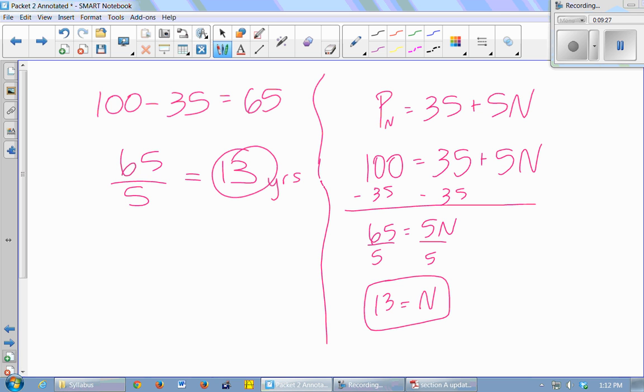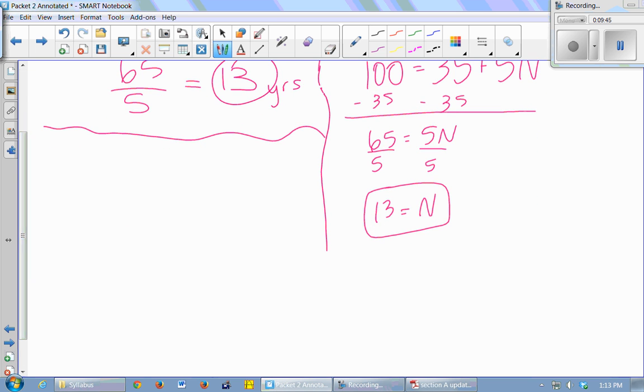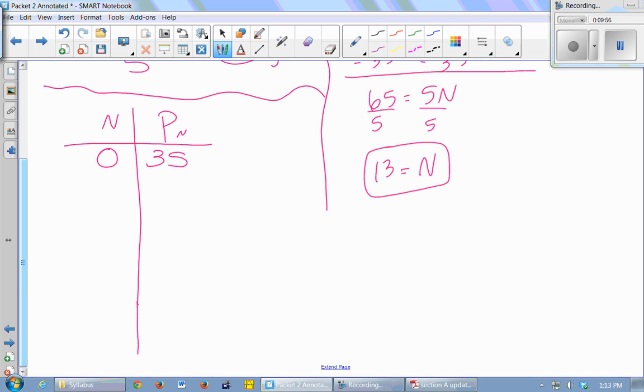Yep. So we just kind of logicked it through, what the steps needed to be. We can use algebra to set up an equation, which is the exact same steps as what we did over here. Another thing you could do is make a table, right? You could do n, P sub n, and when n is 0, P sub n is 35, because we start with 35 tons in the tank, and then just fill this table out until P sub n is 100.